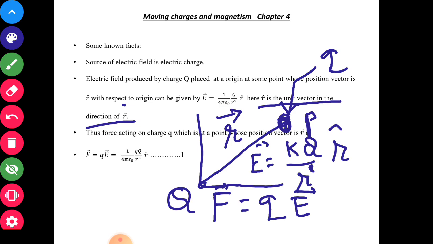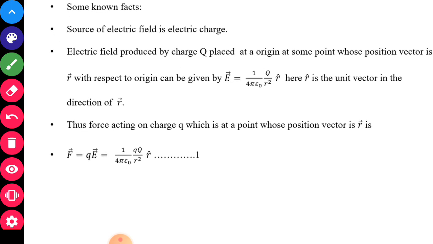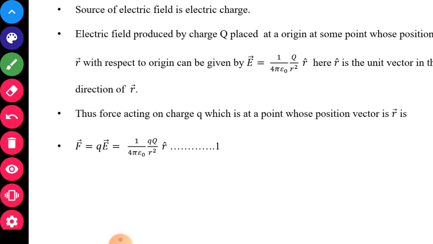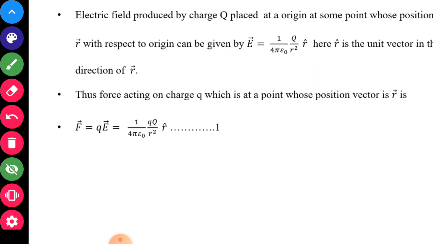Or we can write the force acting on this small charge q by this formula also. Because F is equal to qE, we can write q into the electric field at r. What is the electric field at r? That is this value.